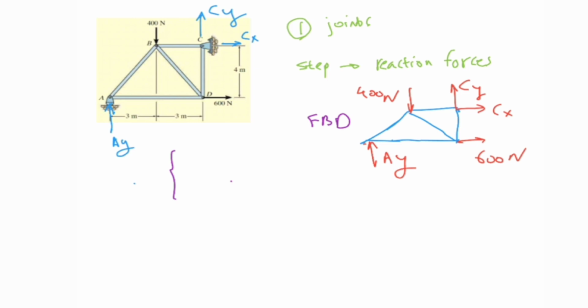We know that for any static problem in the plane, or 2D, we can write down three equations: sigma Fx equal to 0, sigma Fy equal to 0, and sigma M around any point equal to 0.